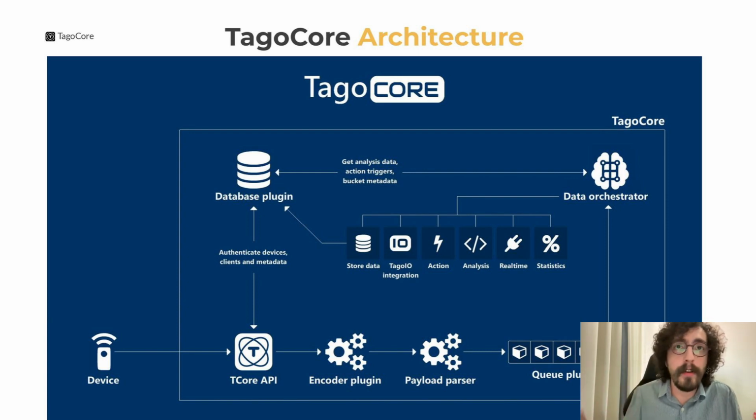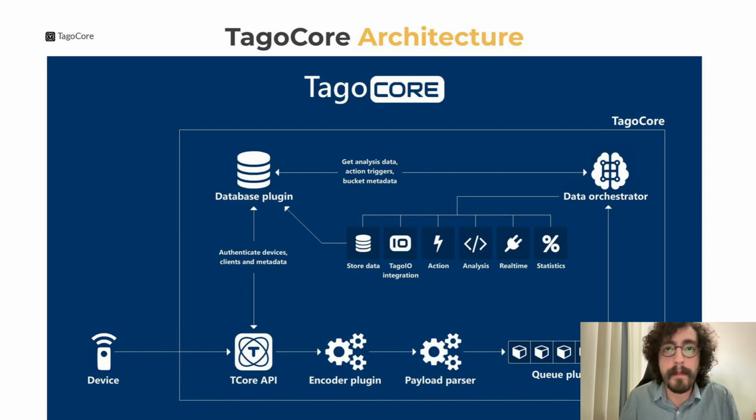So this is an overview of our architecture. Of course, there are plugins there that extend the functionality of TagoCore. You might already know a few plugins, at least the database plugin, which is mandatory for TagoCore, since TagoCore doesn't handle storing data natively. It needs a plugin.